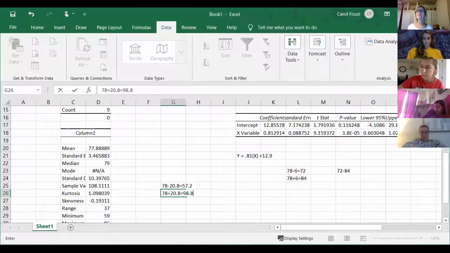If I'm asking if a sample mean is different, you're going to use the standard error. So if I say, is this score different? You would use the standard deviation. If I say, is this mean different? You would use the standard error. Okay?